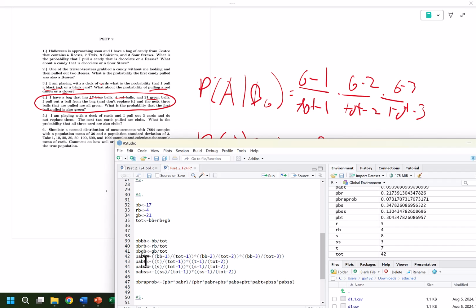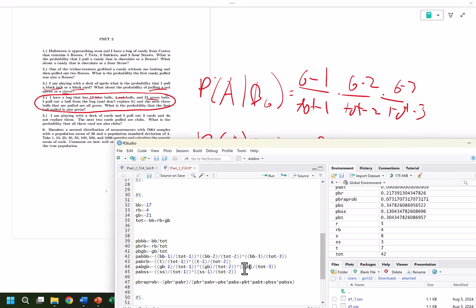Actually, this holds for the green ball too, so I'm going to copy this here for the green ball and change the blue ball to green ball, green ball, green ball, because that's correct for that.